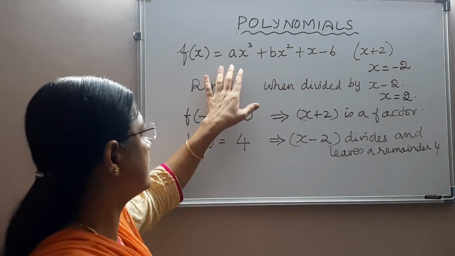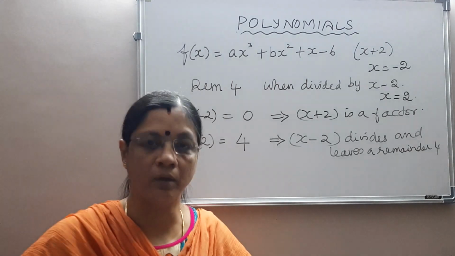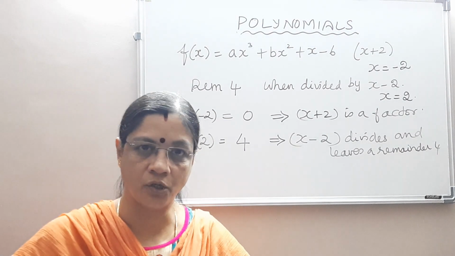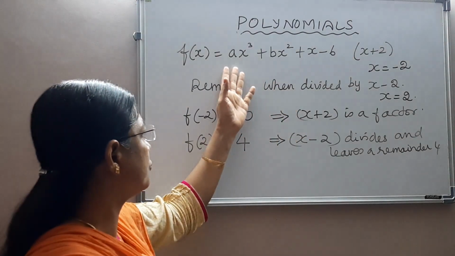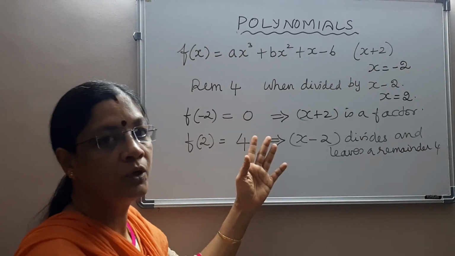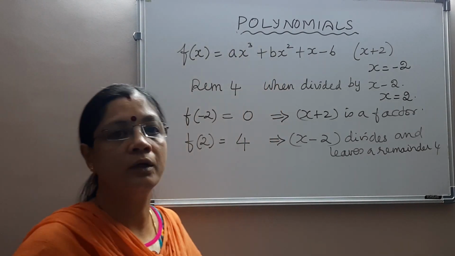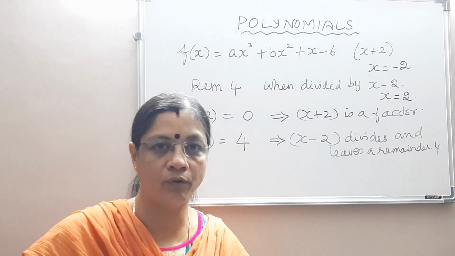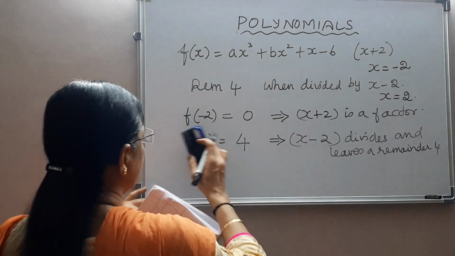But here, since there are two unknowns in the equation, you should have at least two conditions to solve for the two unknowns. Okay, now let us proceed with the problem.